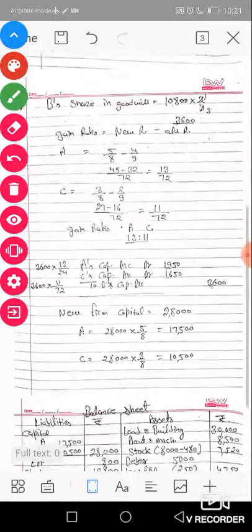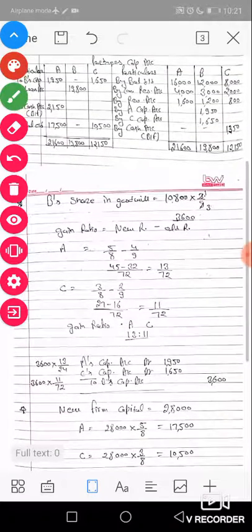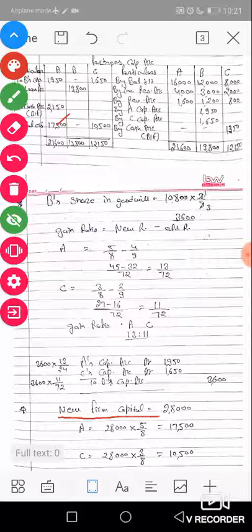First of all, I will solve your last point. What is it saying? The last point is that the entire capital of the new firm is 28,000, which is divided between A and C in their new profit sharing ratio 5:3. So 28,000 into 5 upon 8 is 17,500.